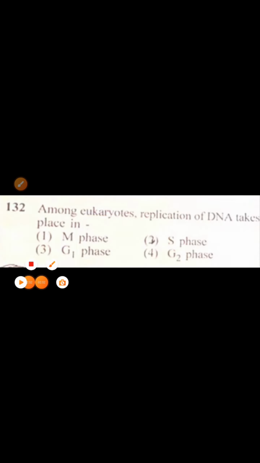No. Active transport, because this is against the concentration gradient, so it has to spend its own energy. So the correct option will be 4. Among eukaryotes, replication of DNA takes place in S phase. So the correct option is second.